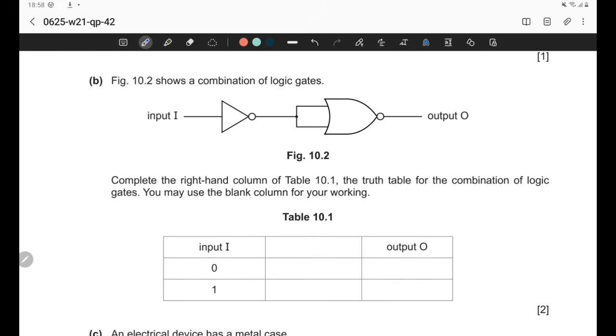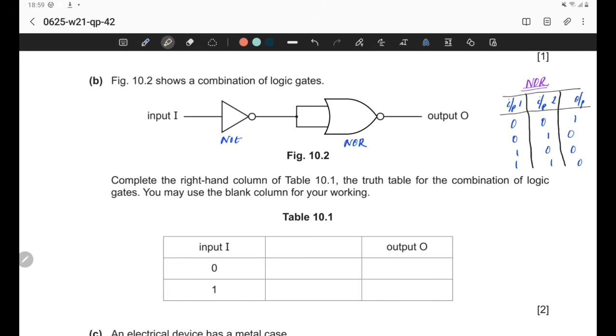So in this combination of logic gates, we have one NOT gate and a NOR gate. Let us look at the truth table of a NOR gate. So this is the truth table of a NOR gate. Now we can see, as per the table, when the input is 0, what will happen at the output of the NOT gate? It will be the inverted value, so we will get 1.